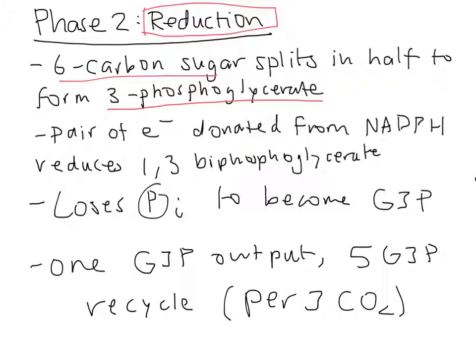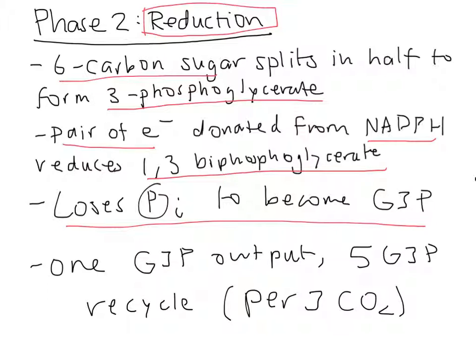A pair of electrons is then donated from NADPH, which came from the light reactions previously, and reduces 1,3-bisphosphoglycerate. The 1,3-bisphosphoglycerate actually is produced when a phosphate is added to the 3-phosphoglycerate from the first step. The phosphate is then lost, and then the resultant product is called G3P, glyceraldehyde 3-phosphate.